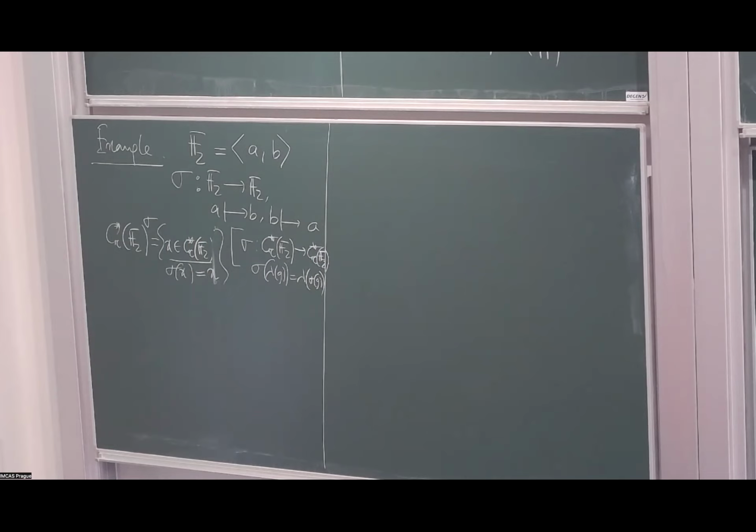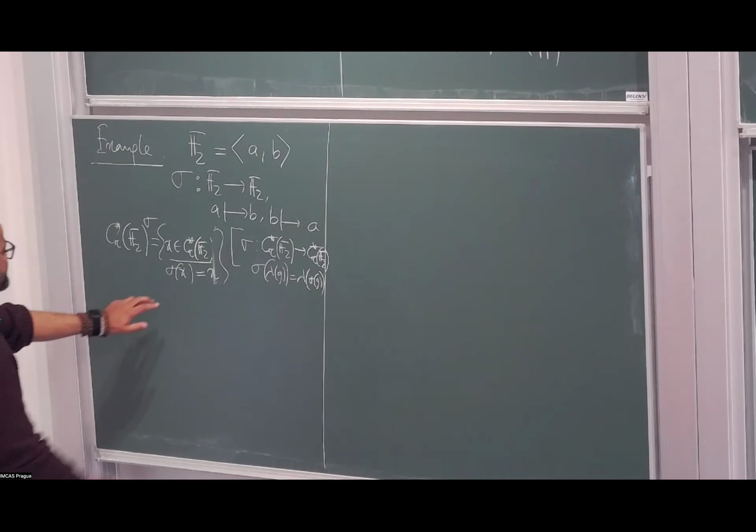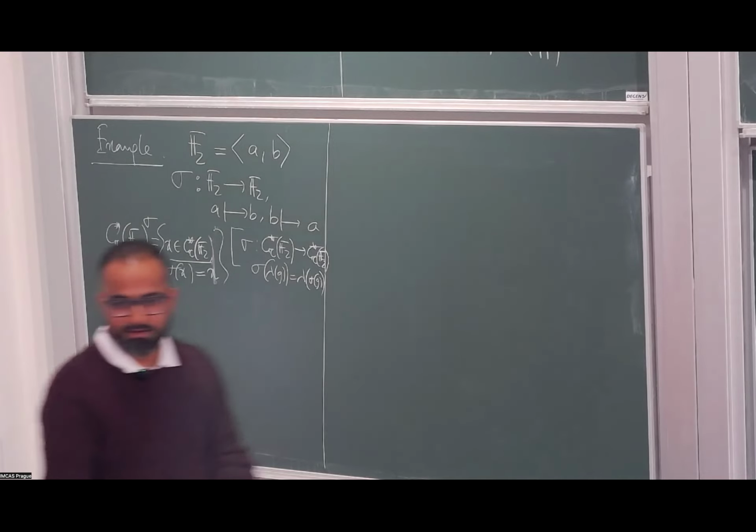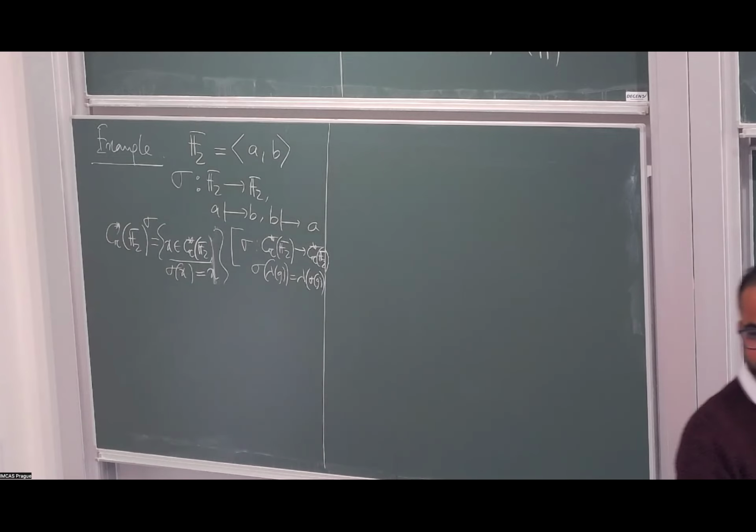Now here is an example. I claim that this thing cannot come from any subgroup. Why is that? A subgroup would be either just all of the A's or all of the B's, and then it cannot be closed under this.